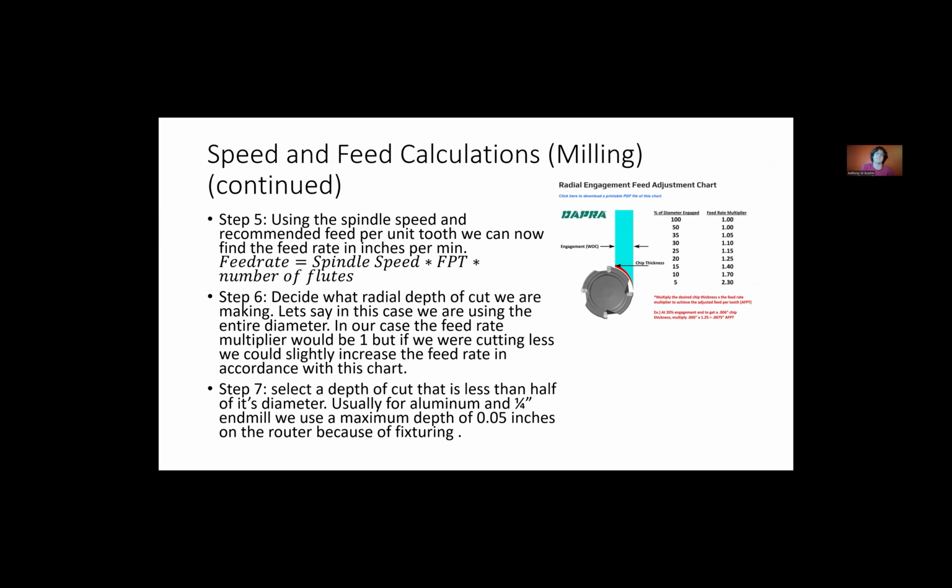Usually, this is less than half of its diameter. Normally I don't go much more than 50 thousandths depth if I'm engaging the full diameter as I cut. Certain tool manufacturers will give you a chip load or material removed per a given amount of time.